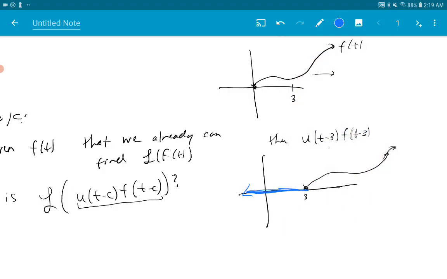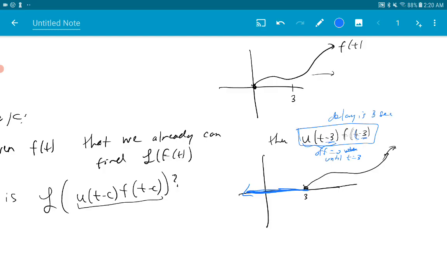Why is it 0 before that? Because u is equal to 0 until t equals 3. Remember, we talked about this in the last video. This is a way to get a function f to turn on after a delay. The delay is 3 seconds because we put a 3 here and a 3 here.